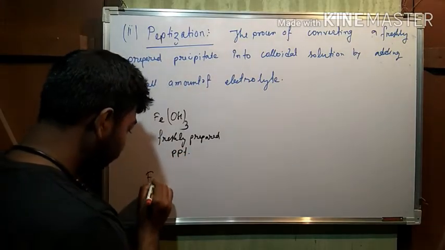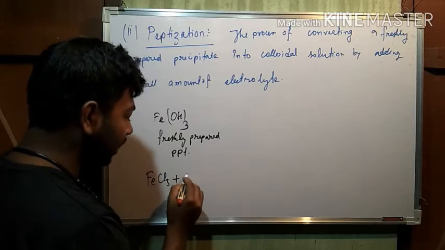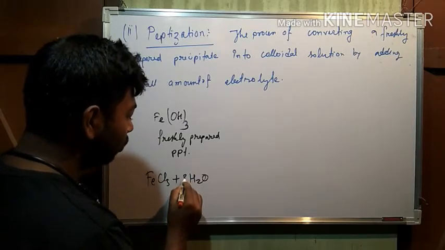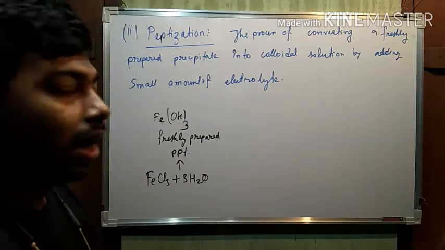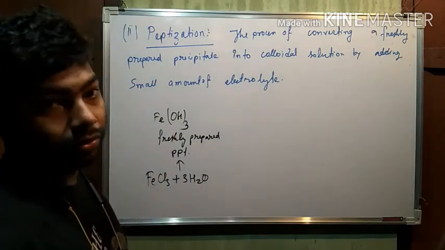When FeCl3 reacts with 3 moles of water, it produces freshly prepared iron hydroxide.